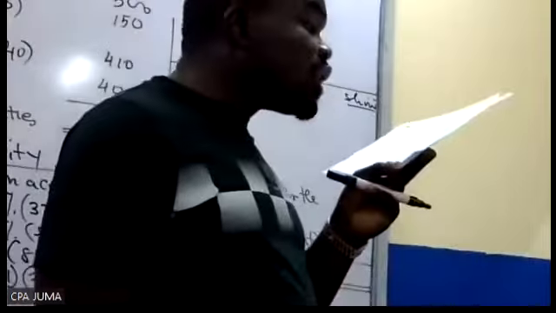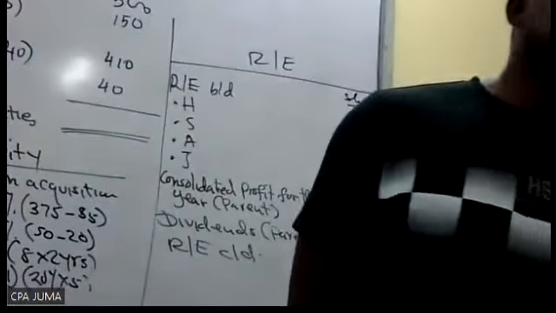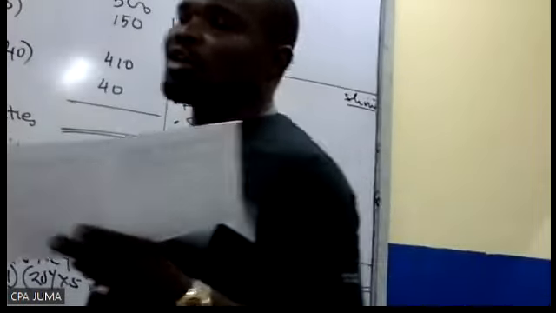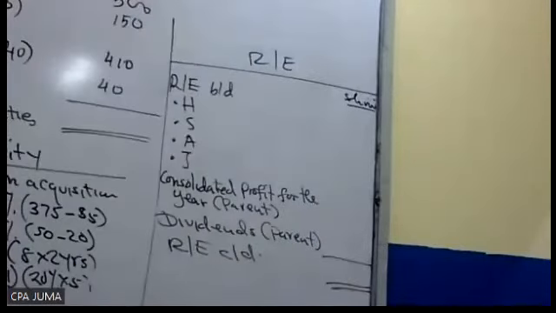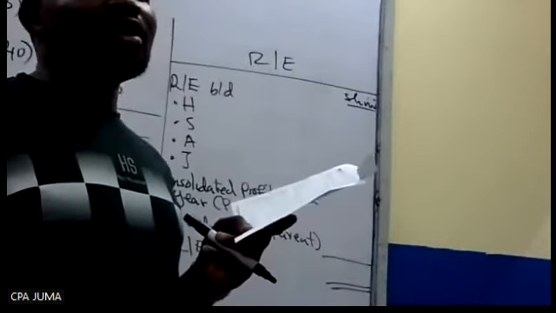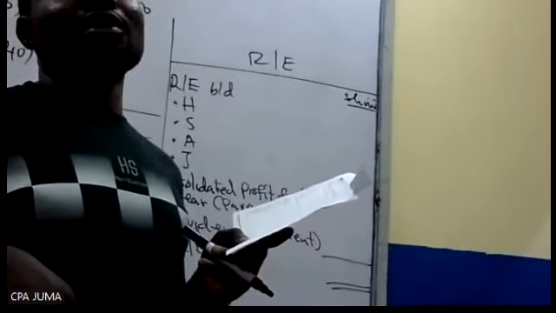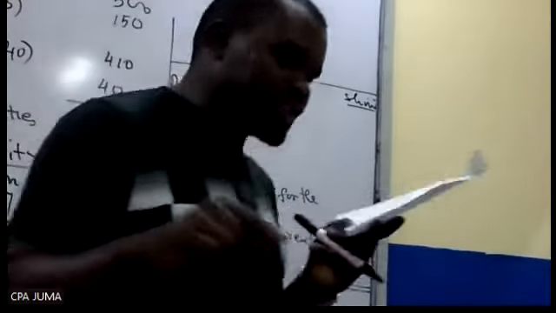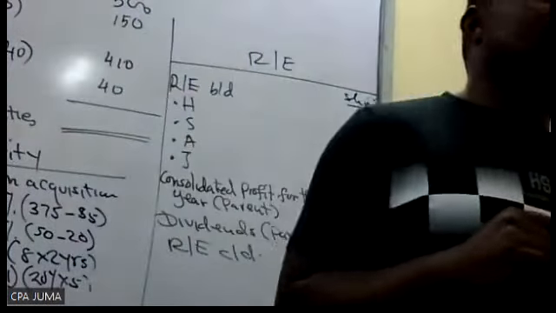But if you take that 350 minus 150, will you get the 265? If you take profit for the year minus dividends in their workings, that 315 minus 150, it is coming to 265.